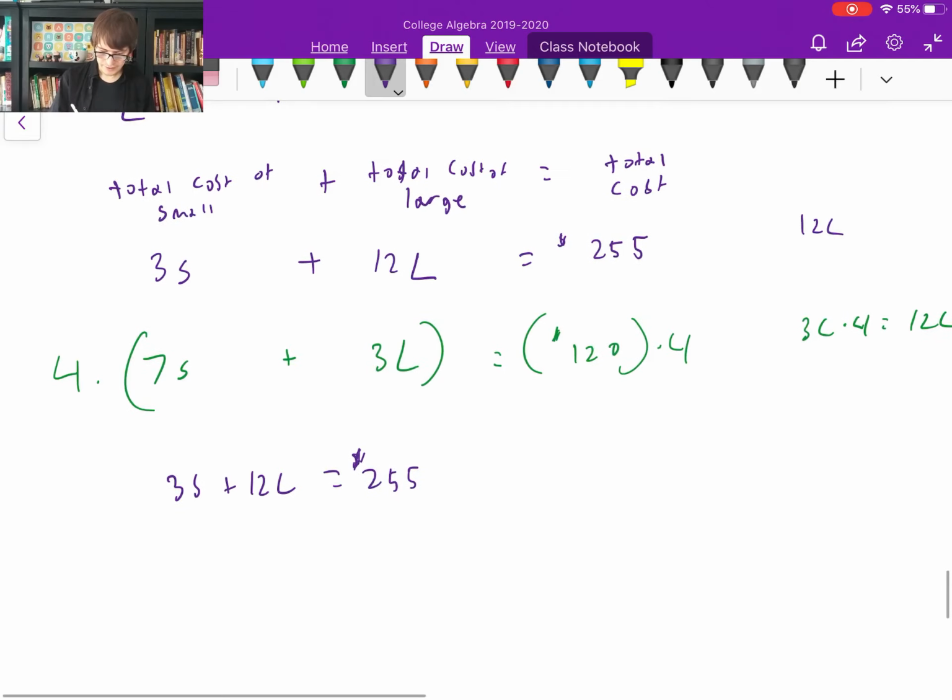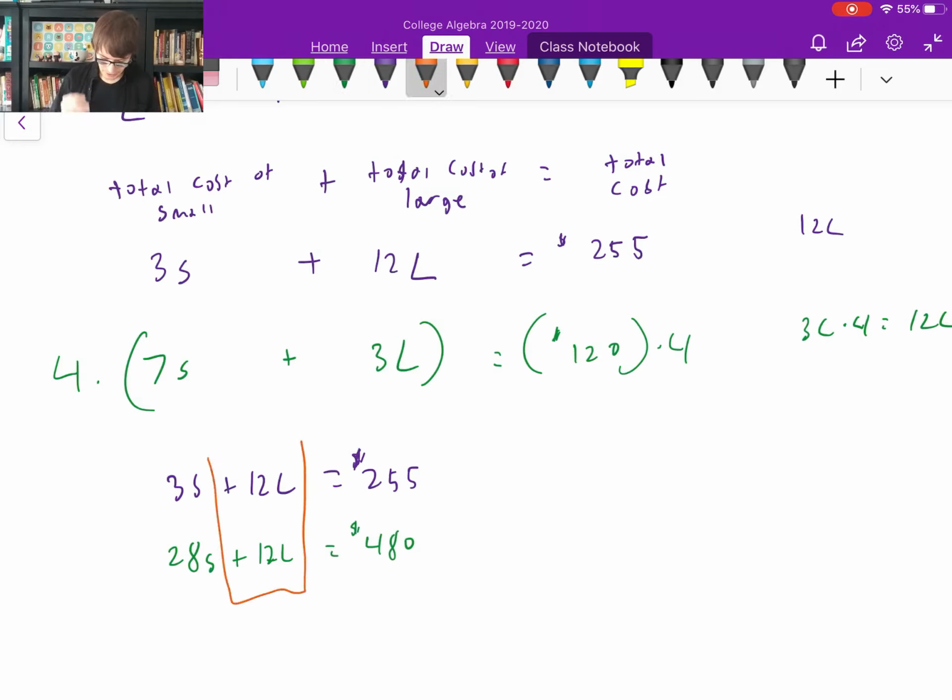Then 4 times 7 is 28S, and 4 times 3 is 12L. Great, that lines up pretty well. That equals 4 times 120, which is $480. Now our positive 12L and positive 12L line up, so we can do the elimination and subtract.